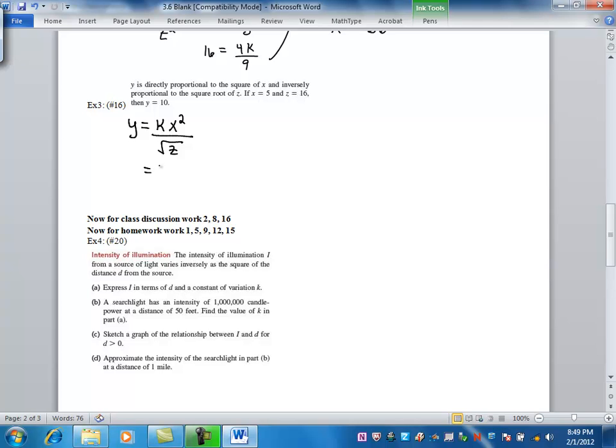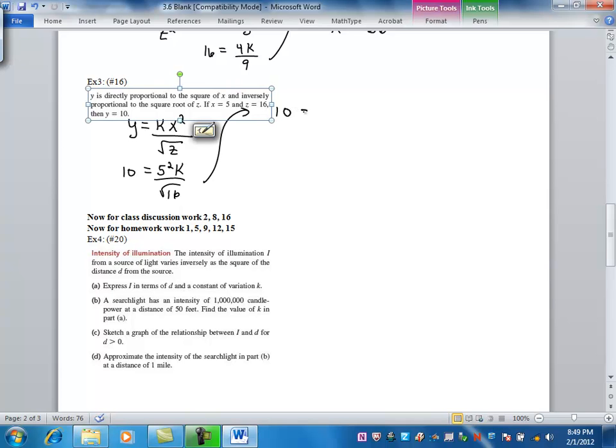If x is 5, z is 16, y is 10, so we've got 10 equal 25k over 4, 40 equal 25k. K equals 40 over 25, which is 8 over 5. K is 8 over 5.